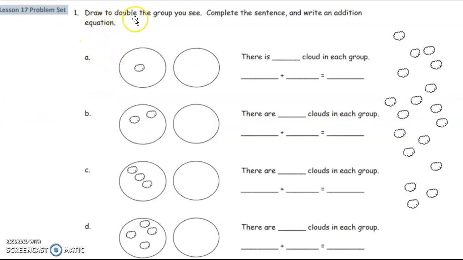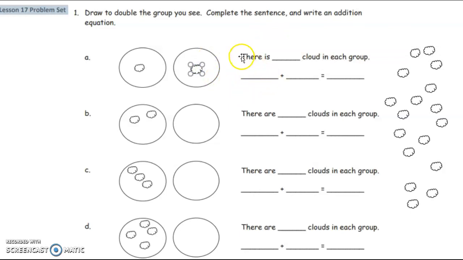It says, draw to double the group you see. Complete the sentence and write an equation. Well, an addition equation to be more exact. So here we know what a double is. We know that when we double something, we just do the same thing that is already there. So since this is one cloud in the circle, I'm going to double this by adding one cloud in this circle.